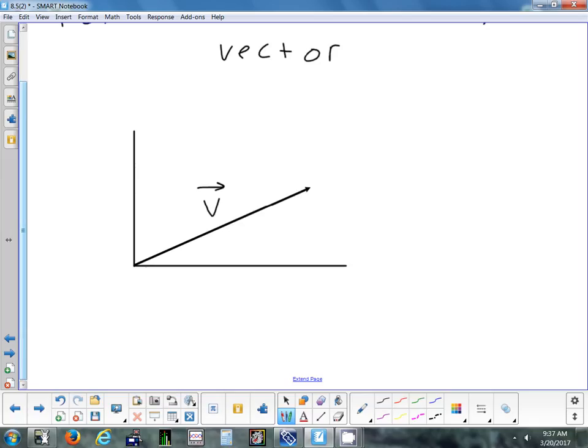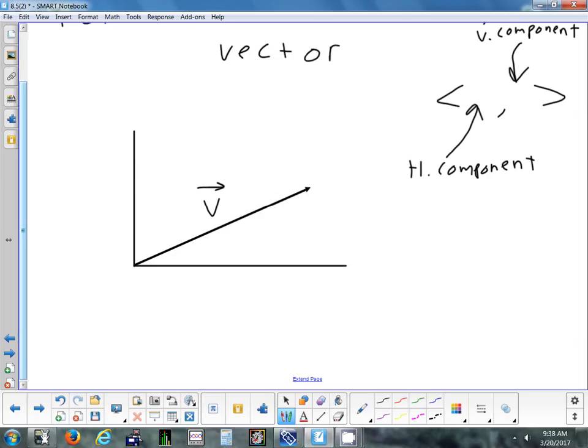Okay, when I write a vector like this, what's that part that I just pointed to? Yeah, that's the horizontal component. And what about the second part I just pointed to? That's the vertical component. So the goal is basically find the components of that.